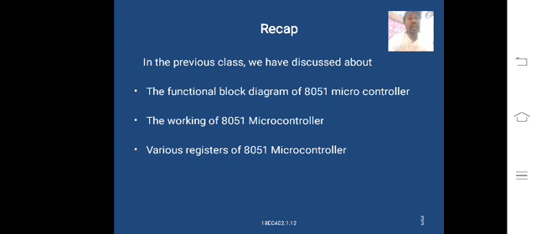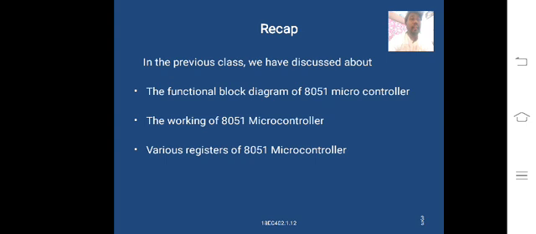Among the general purpose registers, the important registers of the 8051 microcontroller, the first one is the accumulator, that is the A register. The accumulator or the A register is used for arithmetic and logical operations.